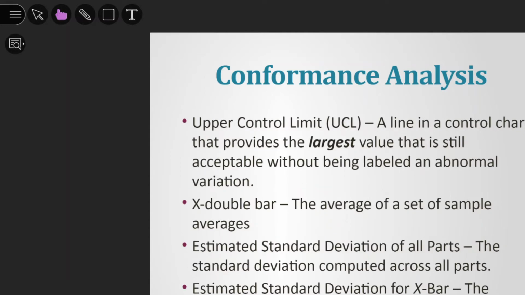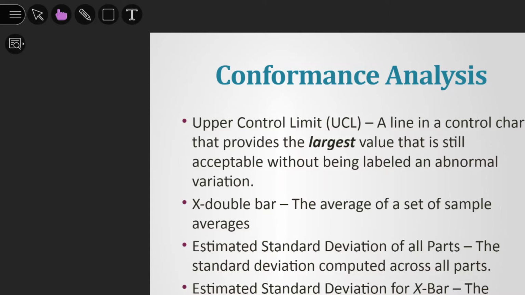This is where we have to make sure that the part size does not go above the upper control limit or lower than the lower control limit. If it goes beyond either one, then the part is considered defective, and we need to understand why it happened and eliminate the cause of that mistake.